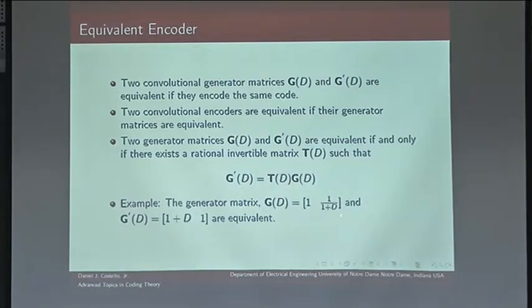So for example, this feedback generator matrix, 1 and 1 over 1 plus d, is actually equivalent to this feed-forward generator matrix. We get from here to here by multiplying this by 1 plus d. Okay, and then we get this. So these are equivalent. These generate the same set of sequences.